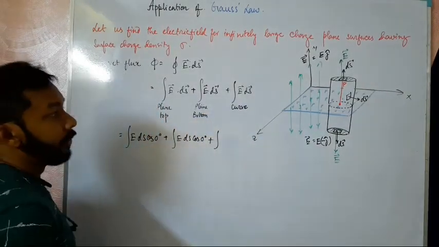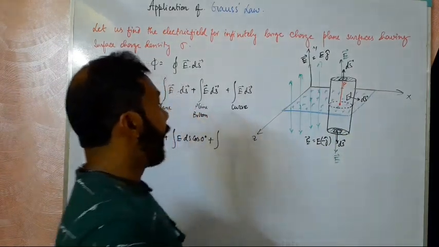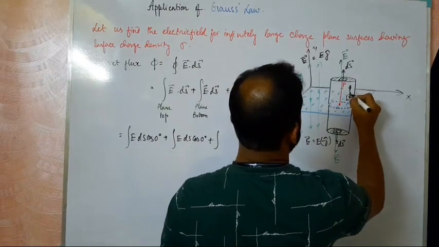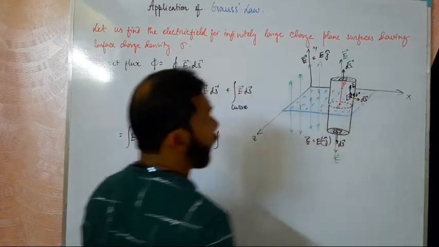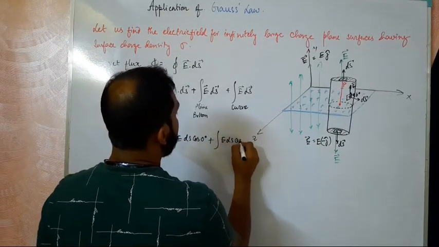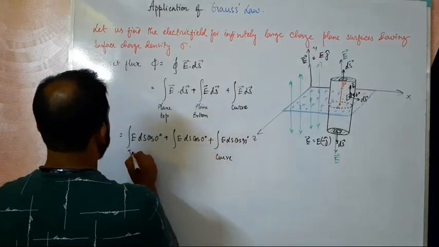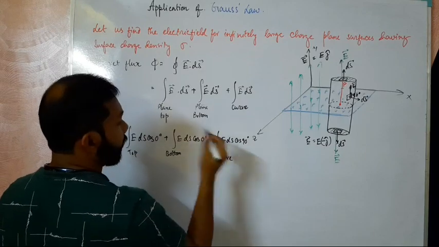And for the curved surface, there is no radial component of electric field, hence the electric field and the ds are making 90 degree angle. Electric field and ds making 90 degree angle. So we can write E ds cos 90 for curved surface. That is top and bottom plane surface, and this is curved surface.